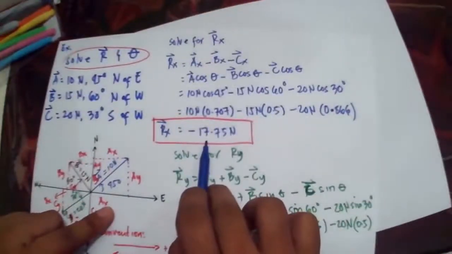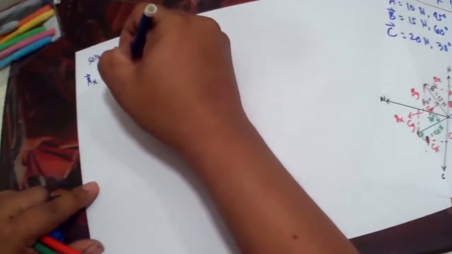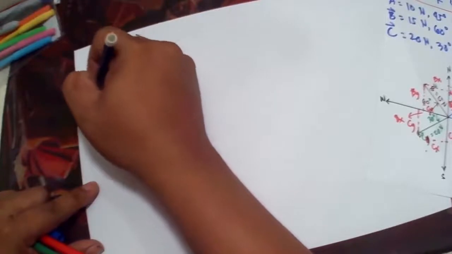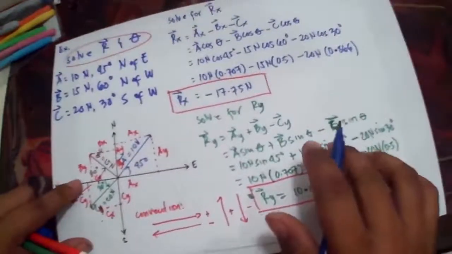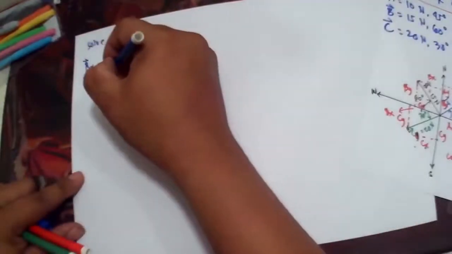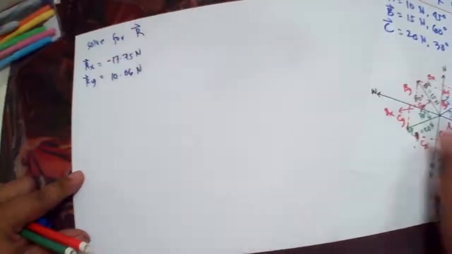This is negative 17.75 newtons. And for vector r sub y, this is equal to 10.06 newtons.